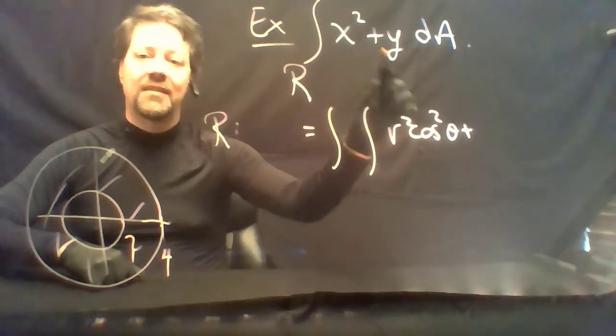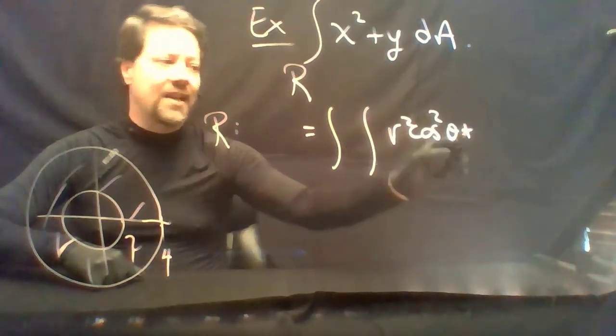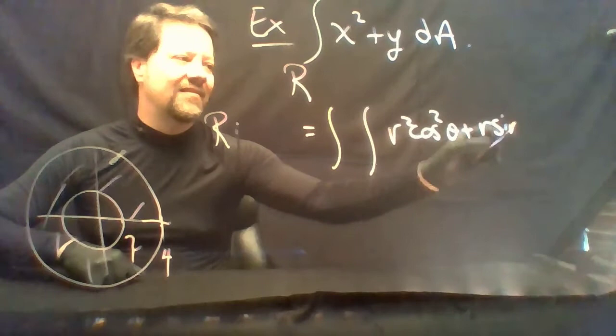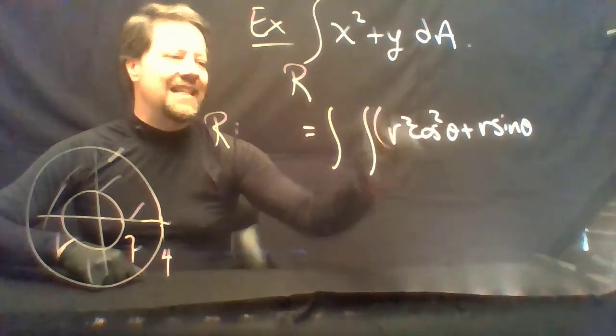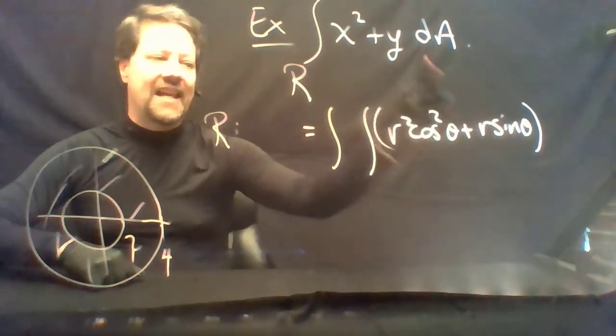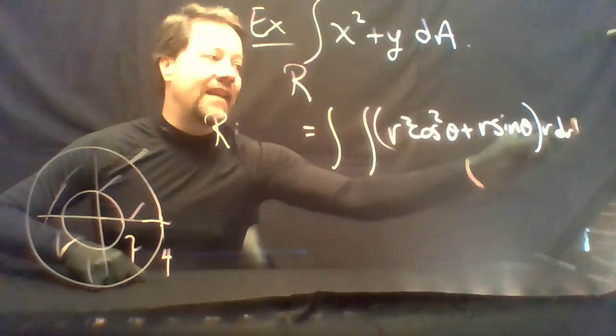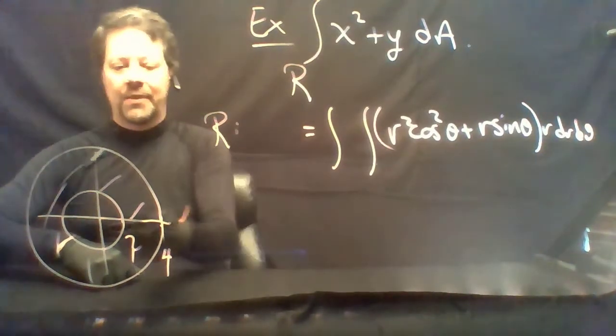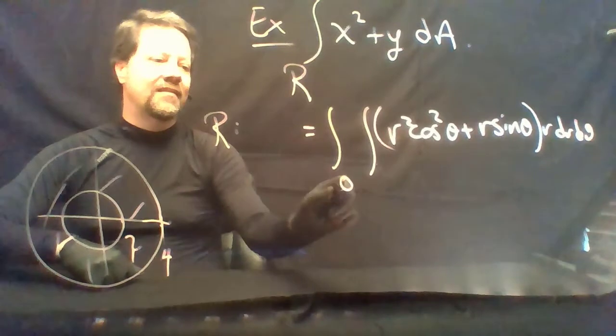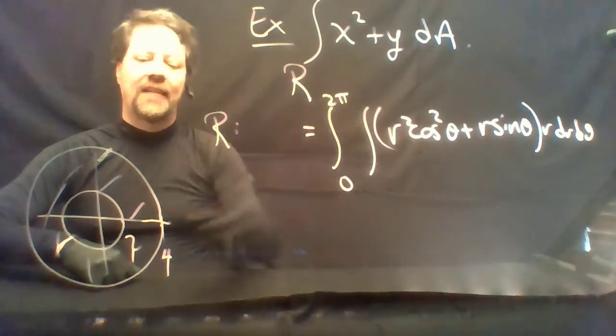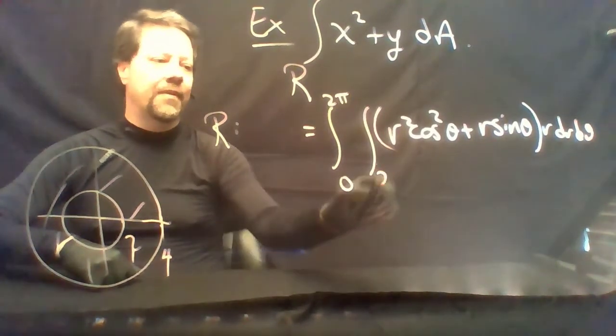The second term is y, and y is r sine theta. dA. dA is r dr d theta. Theta will go from 0 to 2 pi, and r will go from 2 to 4.